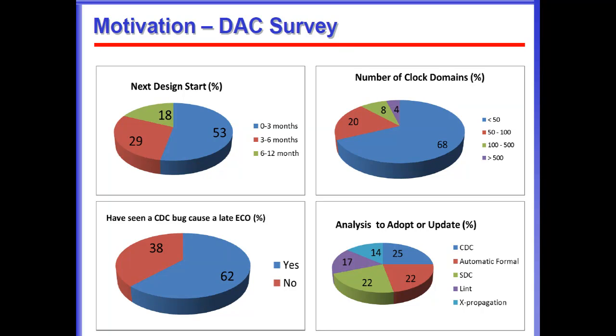Then 2/3 of the customers stopping by had actually a bug in their CDCs causing a late ECO. And finally, 25% of the customers are thinking about introducing CDC verification into their flow, and 22% adding automated formal verification to their flow.